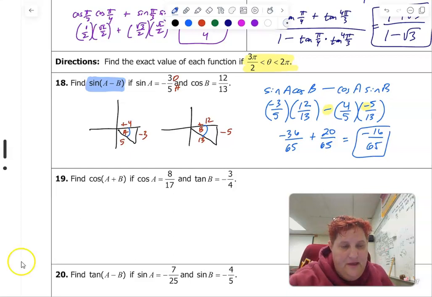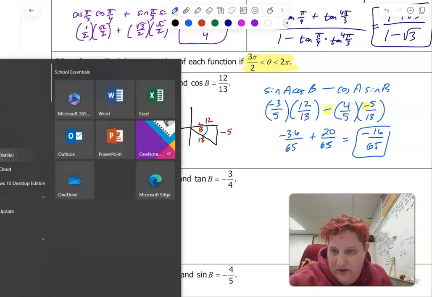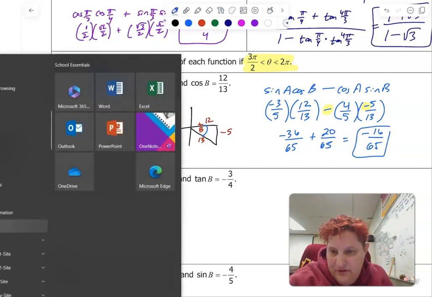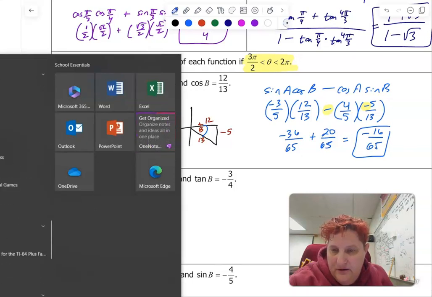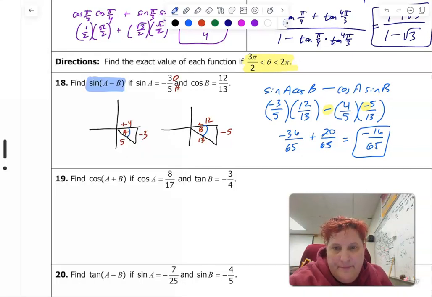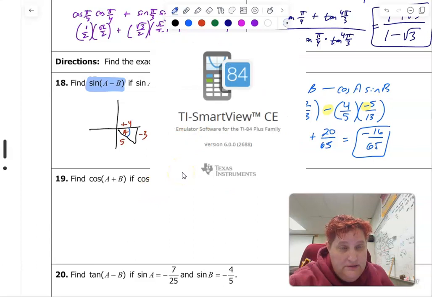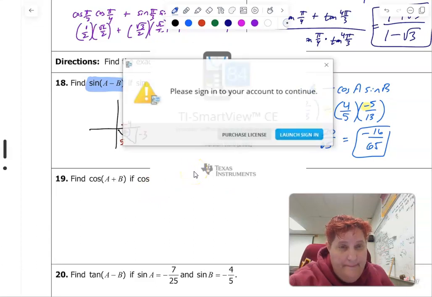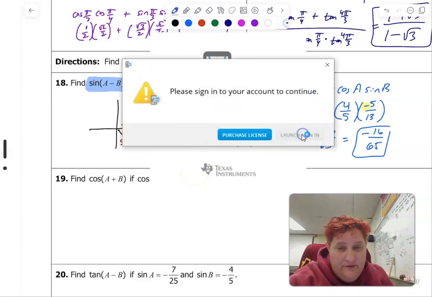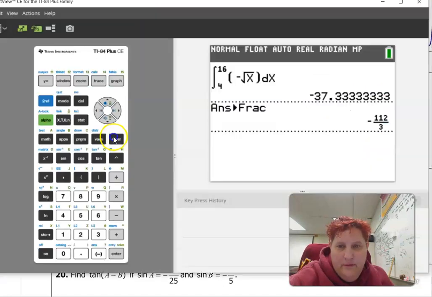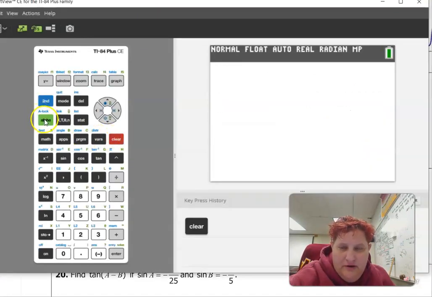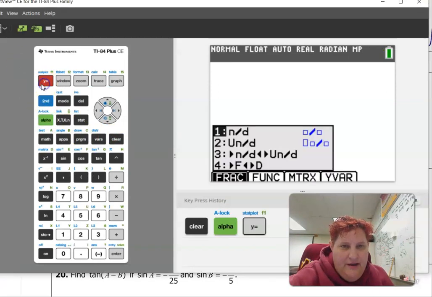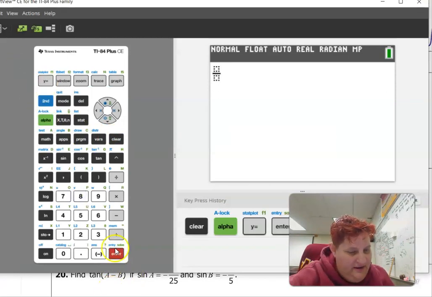All right. If you are interested in doing that on your calculator, let me show you. Oh, for goodness sakes, I gotta sign in. All right, guys. So remember I was telling you there's a button alpha Y that allows you to make fractions. I kind of love this. If you use it, you don't have to use parentheses.